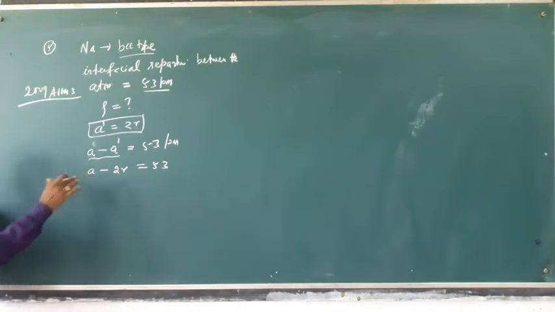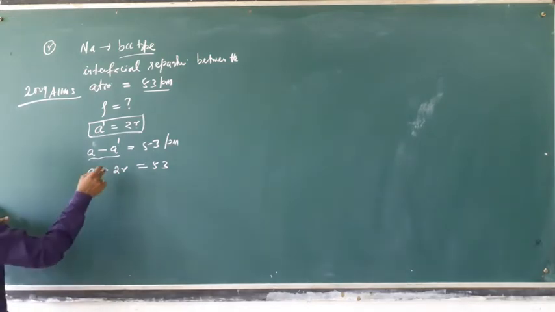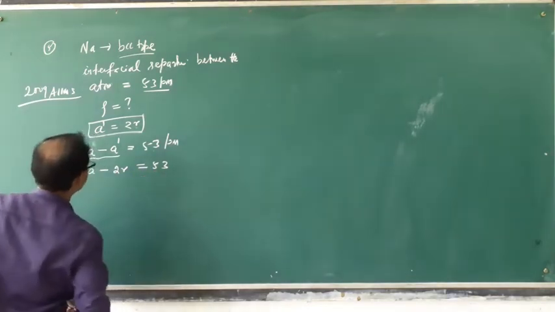Actual edge length means there is some gap. So A minus 2r is equal to 53.